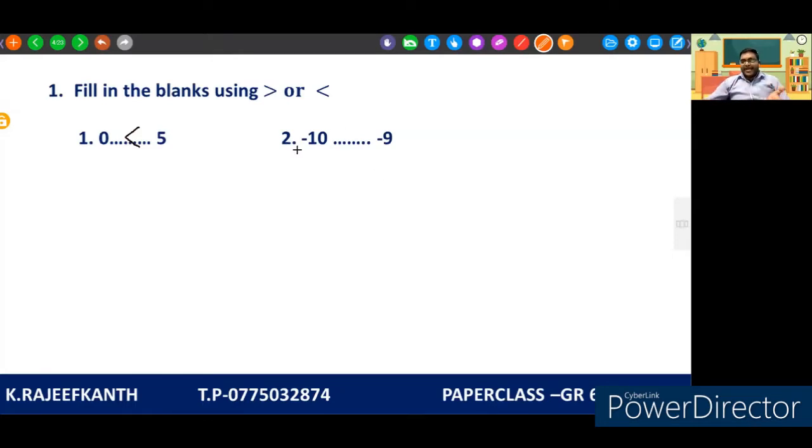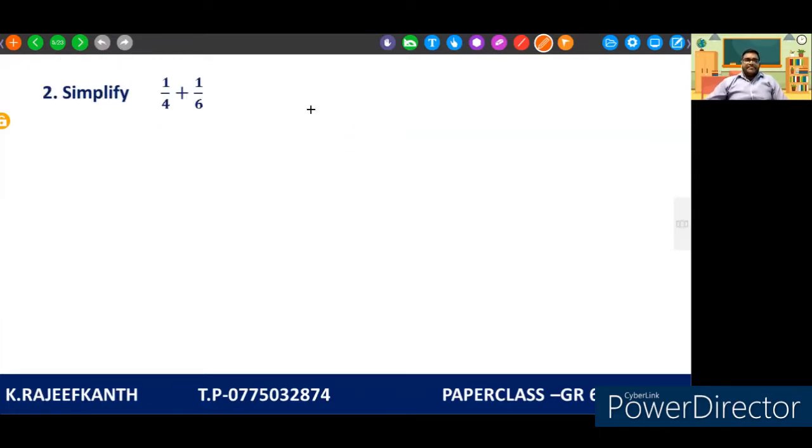So here -10 is the smaller one. So here also we have to write the symbol less than, because -10 is less than -9. -9 is the greater one. Right? So the answer for the first one is 0 less than 5, and the second one, -10 less than -9.